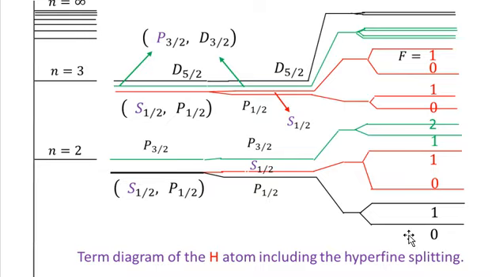So this splitting, that is the hyperfine structure, is actually much smaller than this splitting. But you see that I have exaggerated many times, maybe 100 times, the hyperfine splitting so that I can show you this is the hyperfine splitting, but in principle this is very narrow. So the hyperfine splitting is very narrow, narrower than the fine structure splitting.